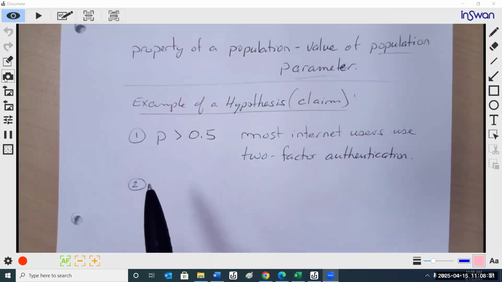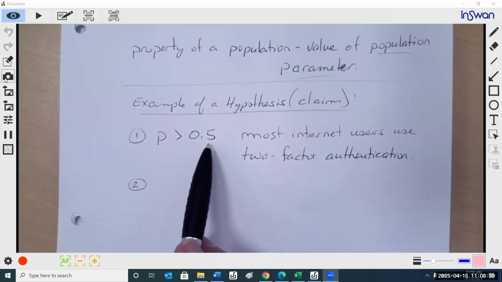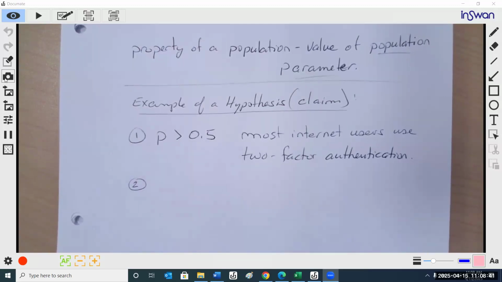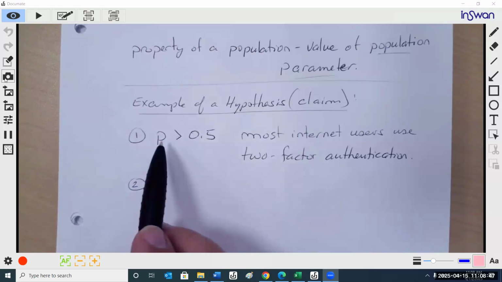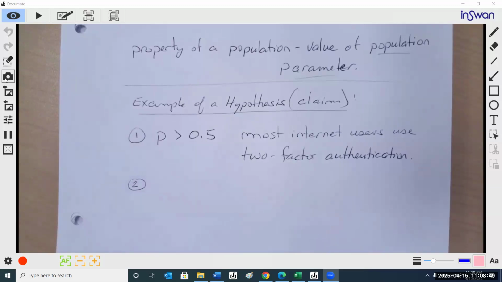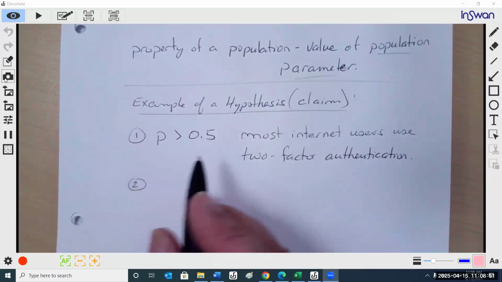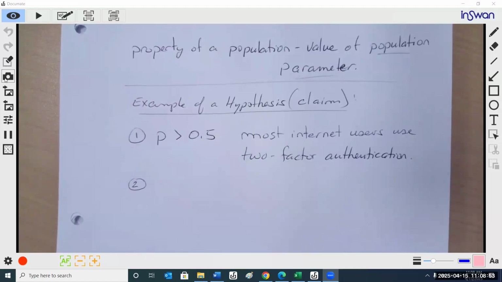P is stating that this is what the population is doing. So what would Q be? If P is greater than that, what would Q be? But since P is not a specific value, if it was P equals 0.05, then Q would be 0.95 because P plus Q has to equal 1.